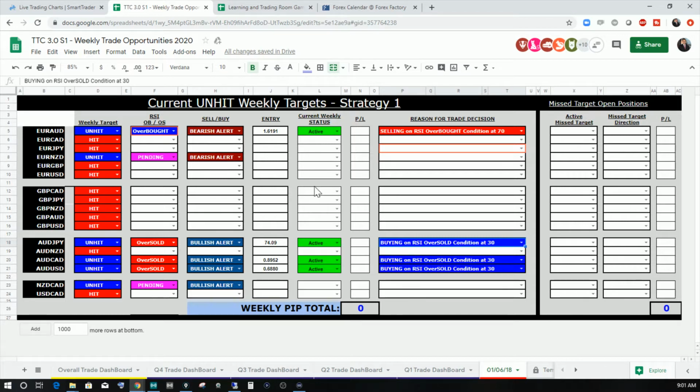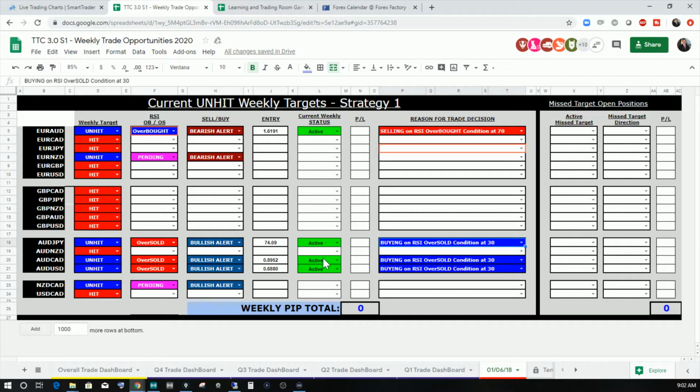You can see you've got four trades active: Euro Aussie, where we're currently looking to sell, Aussie-JPY, Aussie Canadian, and Aussie US dollar. All four of them are Aussie crosses, believe it or not, and we're in on all four right now. Nothing else is actually setting up this week for trading opportunities.